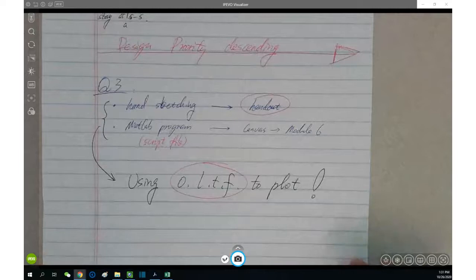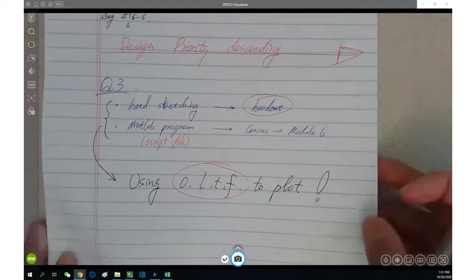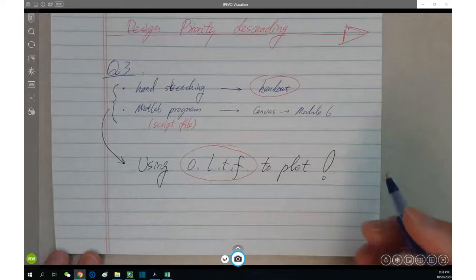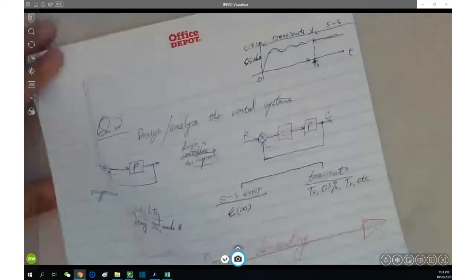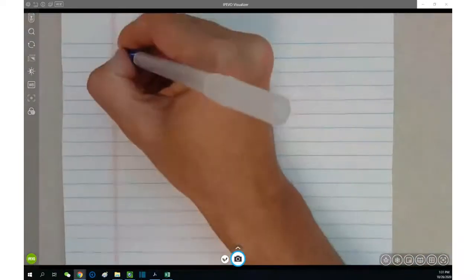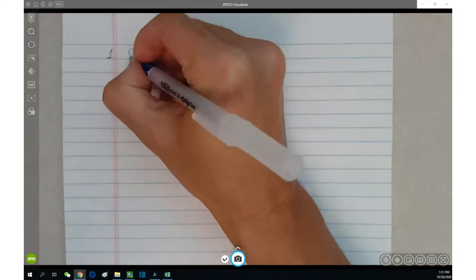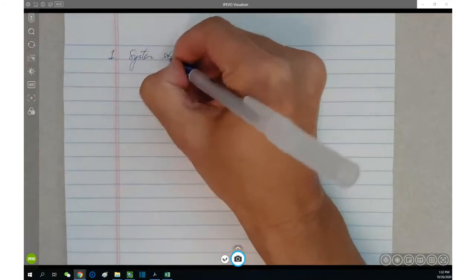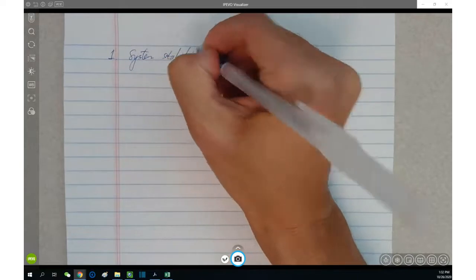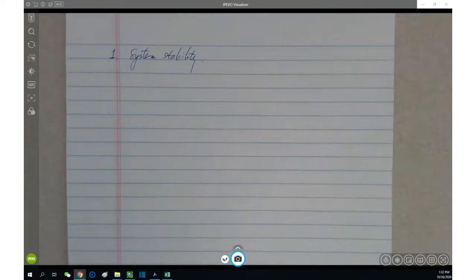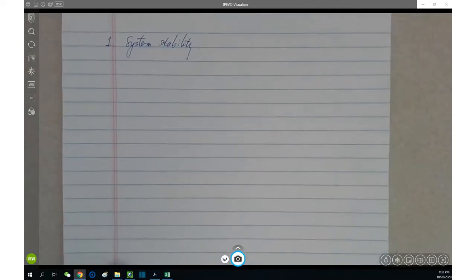All right, if this is fine, then let's go ahead to see some details. Let's first of all finally learn the accurate definition for stability. Given the system, what does it mean by stable? What does it mean by unstable?